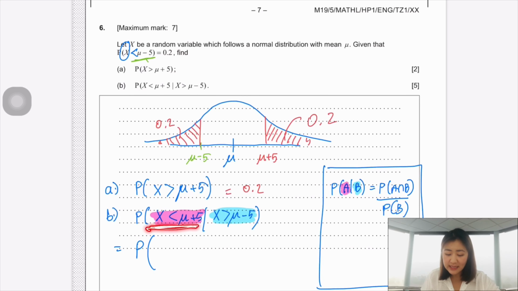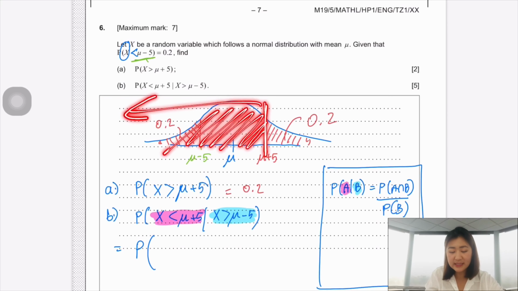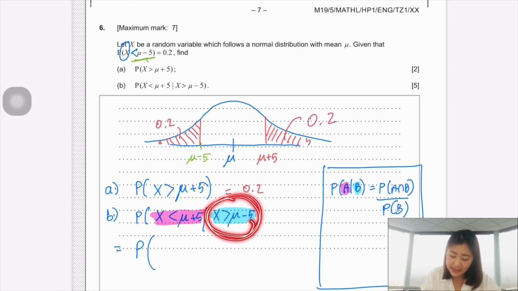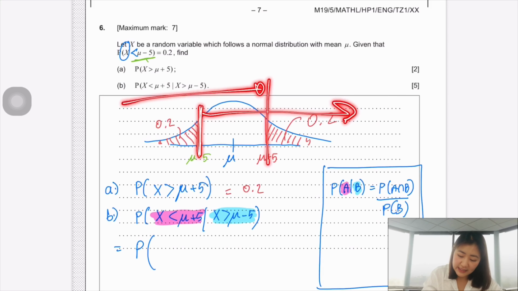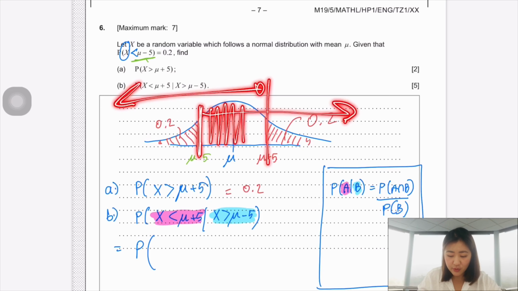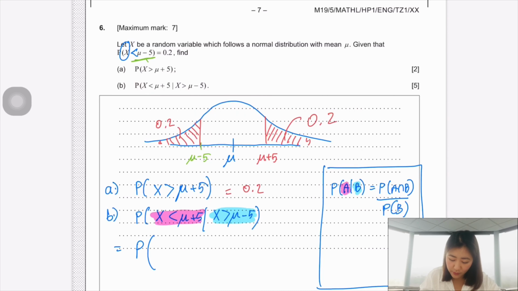First of all, x less than mu plus 5. This is mu plus 5, x less than, so you go this way. And then x greater than mu minus 5. Mu minus 5 is here, greater than, so you go here. When you intersect, you get the middle part here. So x is between mu minus 5 and mu plus 5, right?